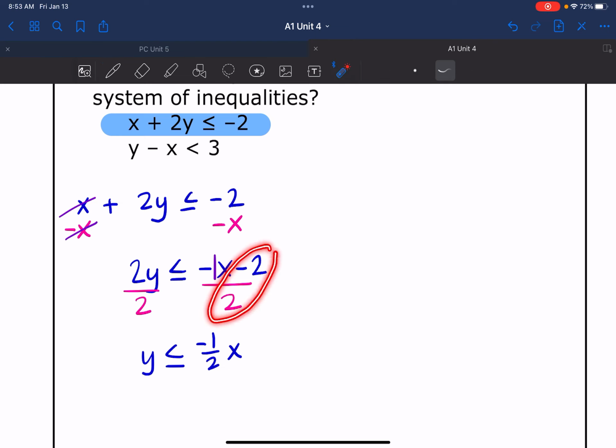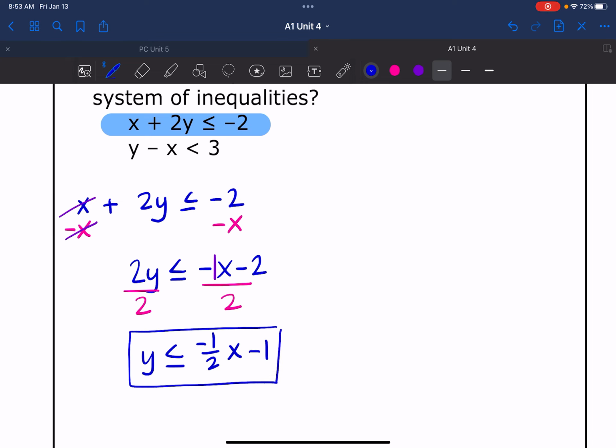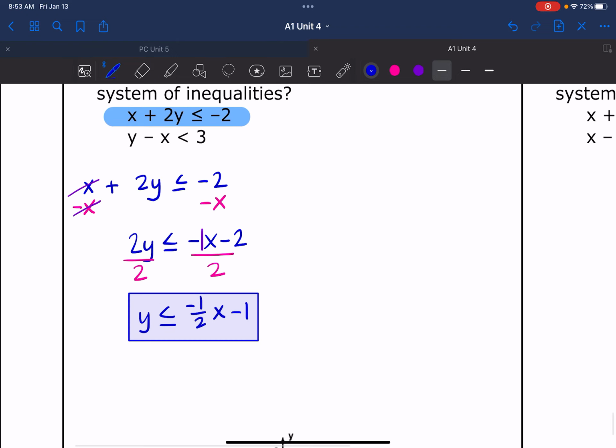Then the second part, negative 2 divided by 2, that gives us negative 1. So this is our inequality. So now based off of that, you would look at the symbol and decide what type of line and where it is getting shaded. So this would be a solid line getting shaded below.